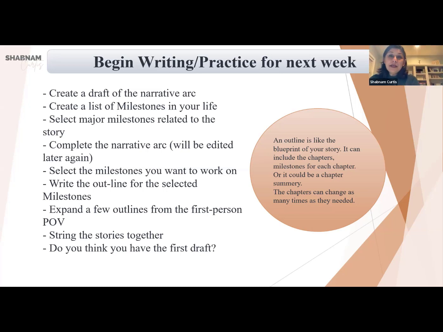If you have any question, please feel free to bring it up. But my suggestion is, if you want to create a draft of the narrative that you have in your mind, if not, don't worry about that step. Create a list of milestones like we talked about.